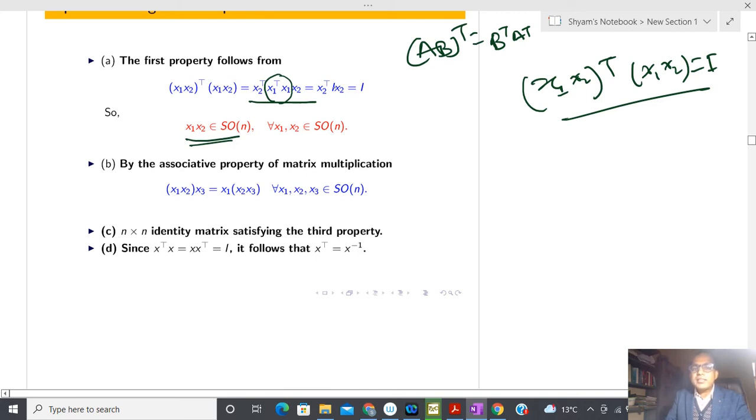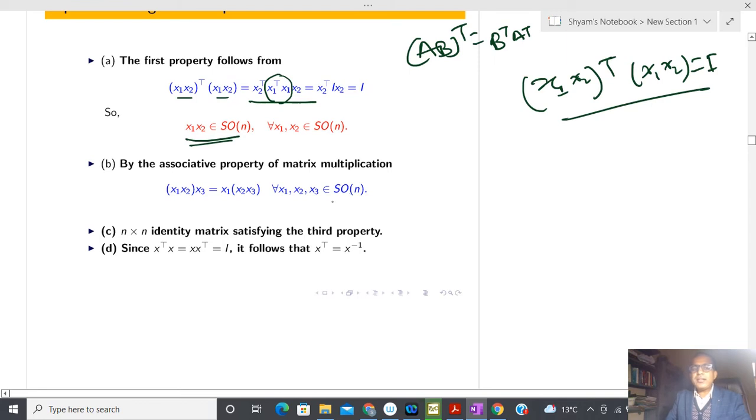Obviously if you multiply something with the identity, then x1 transpose x2 transpose and x2 comes in, again that is identity. It means that the multiplication also belongs to the same SO(n). If anyone has confusion, please let me know.